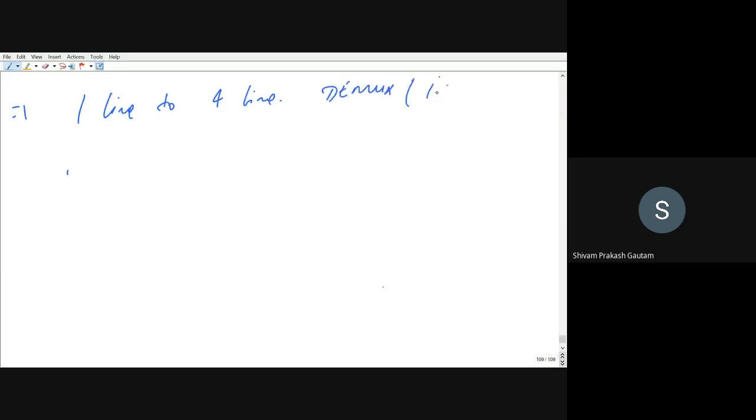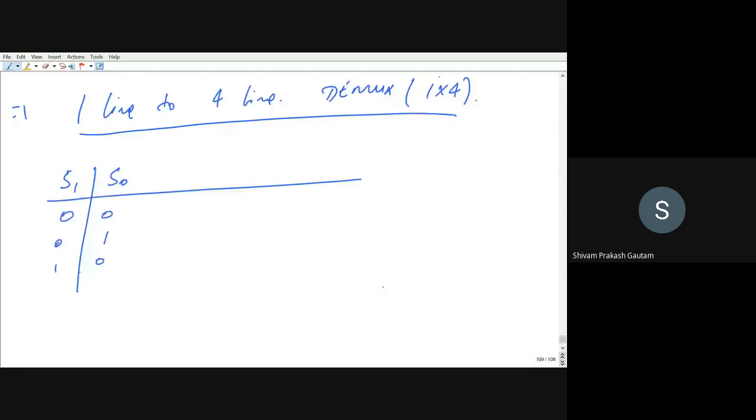That is the 1 cross 4 demux we will be seeing. So 1 input is there, 2 select lines will be there, S1 and S0: 0 0, 0 1, 1 0, 1 1. And outputs are there, let's say O3, O2, O1, and O0.